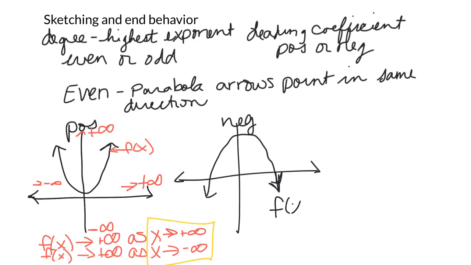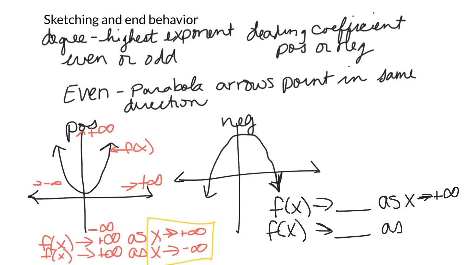F of x goes to what as x goes to positive infinity, and f of x goes to what as x goes to negative infinity. And then you're just filling in the blanks. For this problem, my arrows are both pointing to the negatives, so on the positive infinity, my graph is going to negative infinity. And on the negative infinity side, my graph is also going to negative infinity.